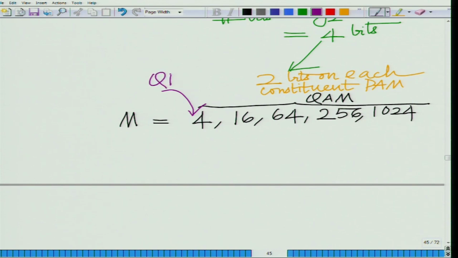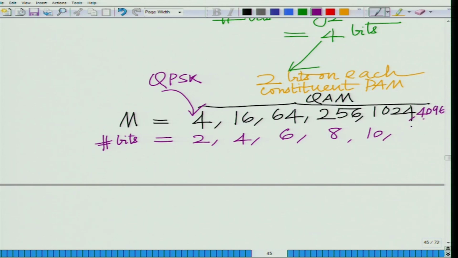This is of course your QPSK. Okay. And number of bits equals 2, 4, 6, 8, 10, of course you can add 2048, 4096 and you will have 12 bits. So, the number of bits increases. Okay.